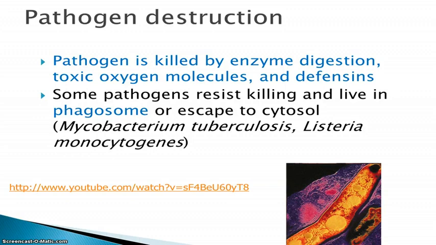I linked this video onto Blackboard. This video shows a typical cell, this is tissue culture cell, so not in an actual body, but they infected this cell with Listeria monocytogenes, the organism that causes listeriosis, and the cell engulfed it to bring it in, and all of those little black rods that are zooming around the cell are Listeria cells.